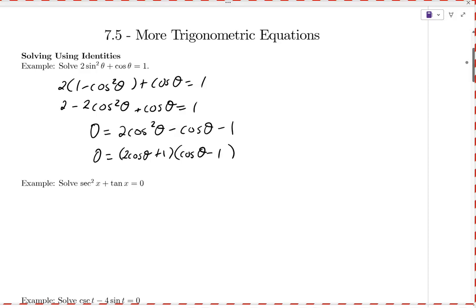Good. And now set each piece equal to 0, right? When we do that, the first one should give us cosine theta equals negative 1/2. And the second one should give us that cosine theta equals 1. I know I skipped a step.